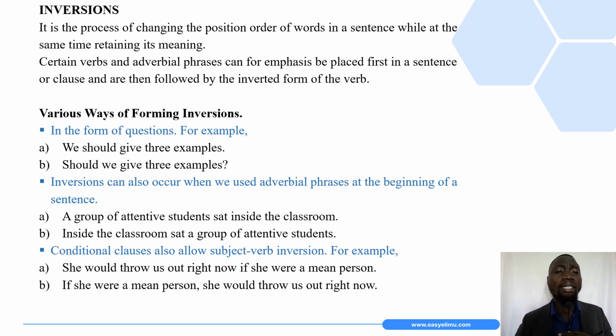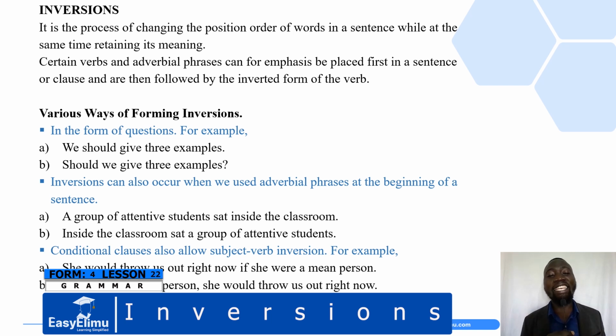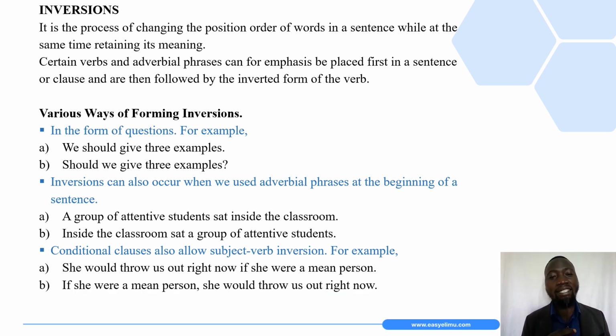So to begin, let us look at the definition of an inversion. Inversion is the process of changing the position order of words in a sentence while at the same time retaining its meaning. So this simply means that there are words that we interchange within a sentence, but the meaning of the expression remains the same.